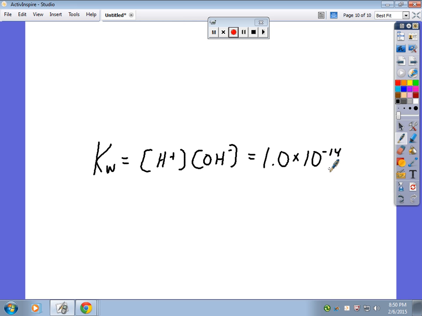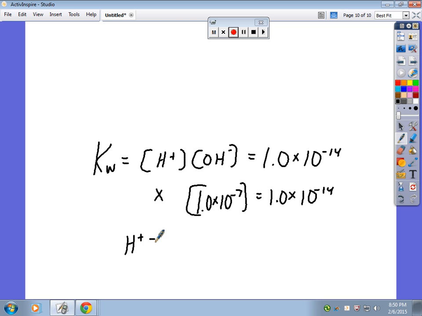In B, they give me that the OH concentration is 1.0 times 10 to the minus 7th. This is equal to 1.0 times 10 to the minus 14th, and this is X, my hydrogen ion concentration. What is my molarity? Well, you solve for X, and you get 1.0 times 10 to the minus 7th.